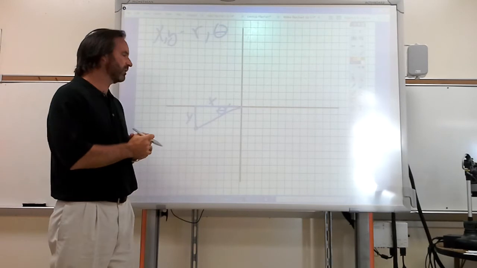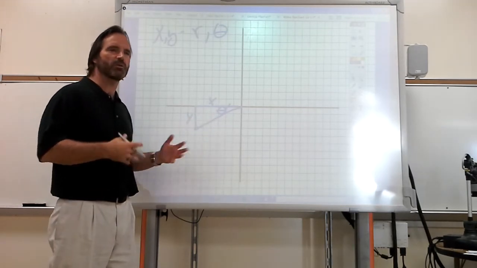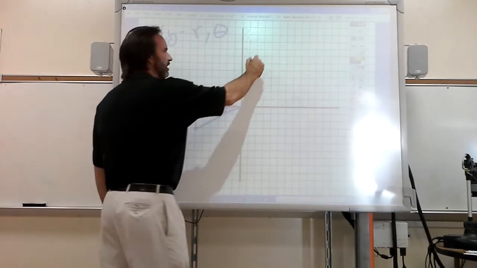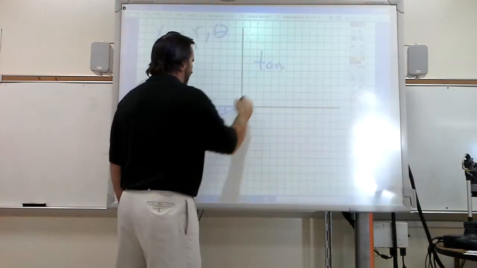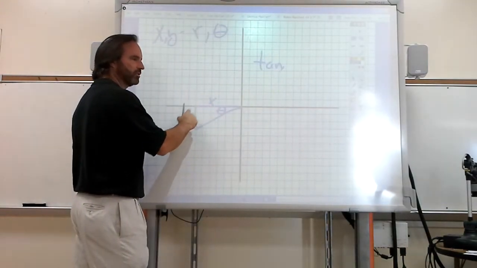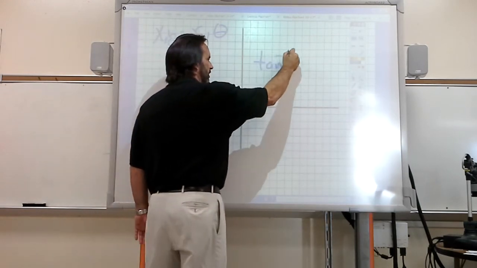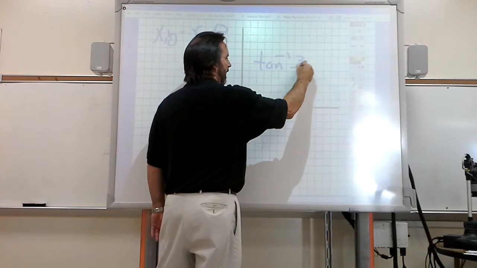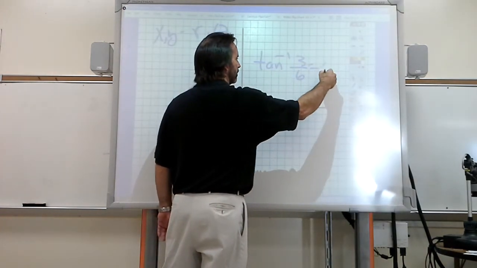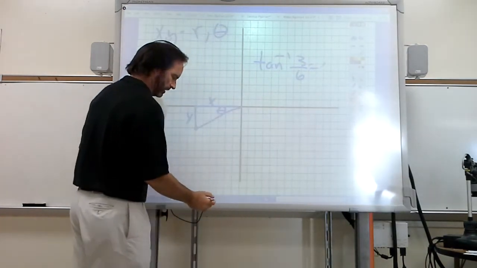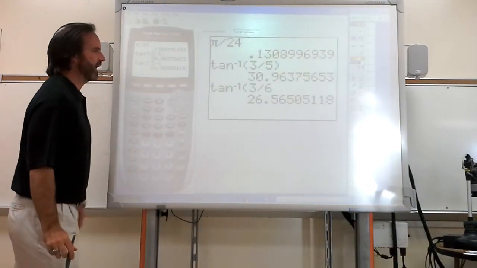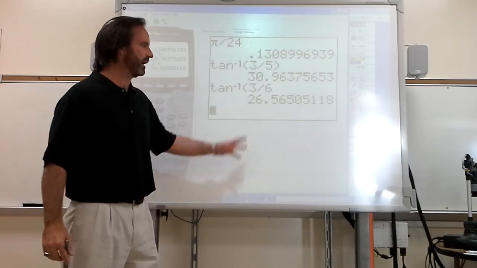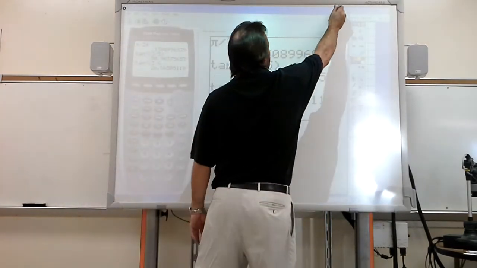If we figured out radius first, we could use sine and cosine too, but let's just find theta. And it's always going to be inverse tangent of theta is y over x, or opposite over adjacent. So inverse tangent of 3 over 6, opposite over adjacent, equals our angle. Tangent inverse of 3 over 6 is 26.56, 26.6.